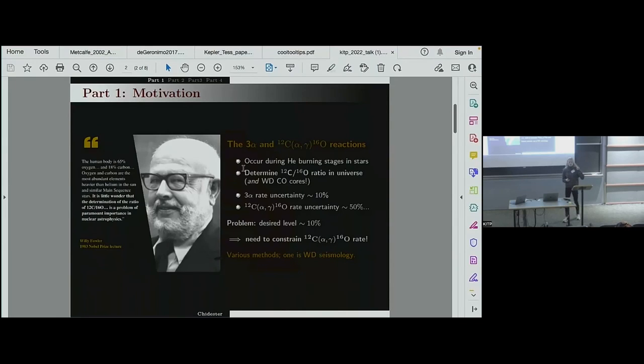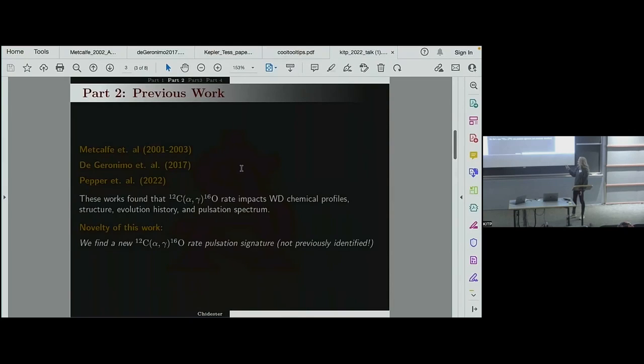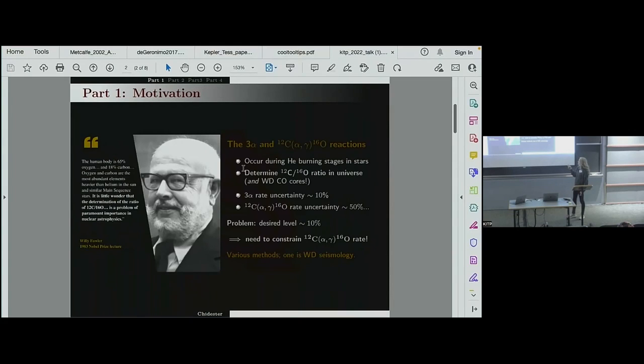Those two reactions ultimately determine, one, the carbon to oxygen ratio in the universe, which has biological implications for life, and the CO stratification for carbon-oxygen white dwarfs. So these rates are important. The triple alpha has a rate uncertainty of 10%, but the C12 alpha gamma is around the 50% level.